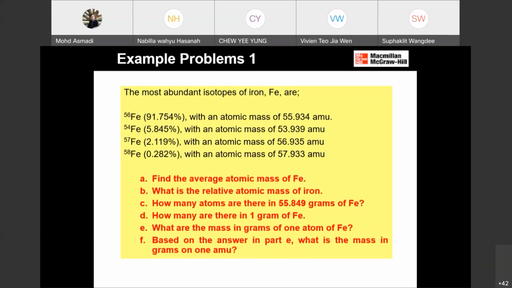Chapter 2, atomic structure, I wrote there. Sticky note.